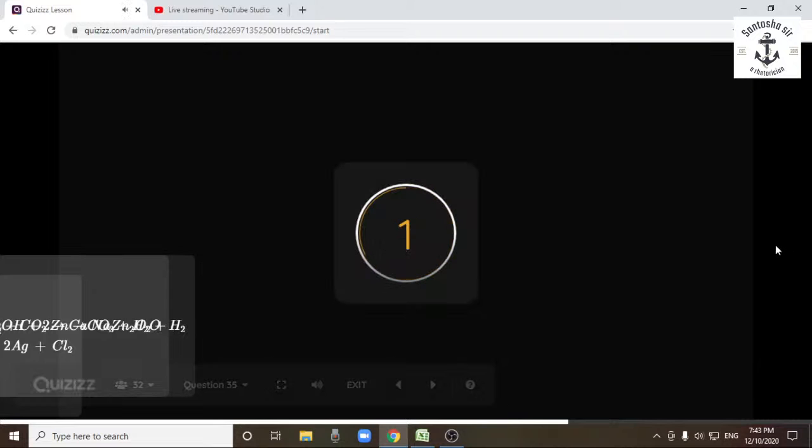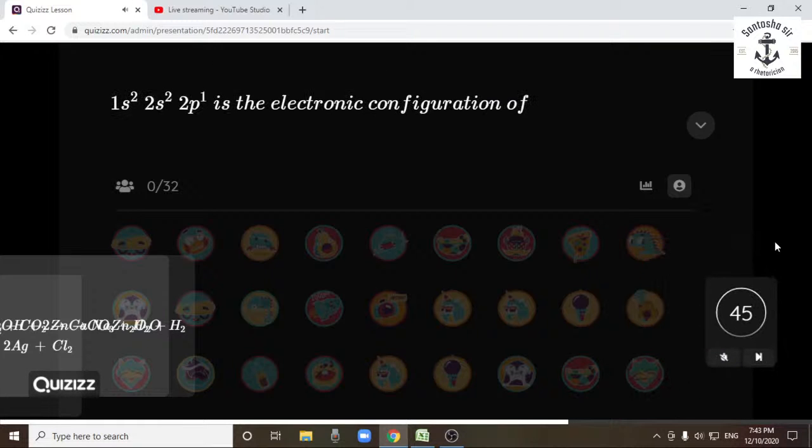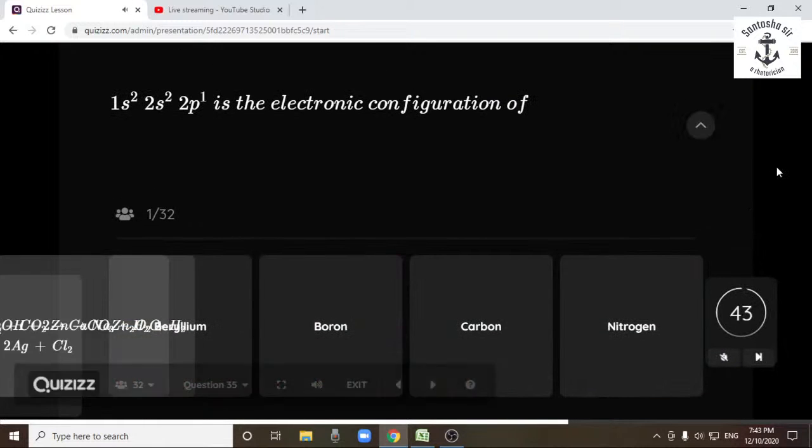Question number 35. 1s2 2s2 2p1 is the electronic configuration of what? 30 seconds more.